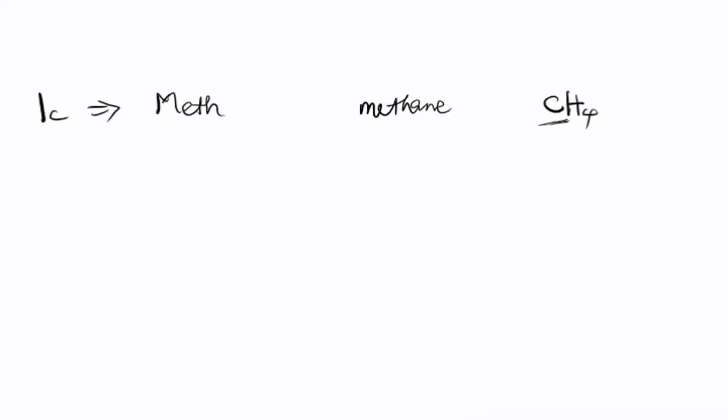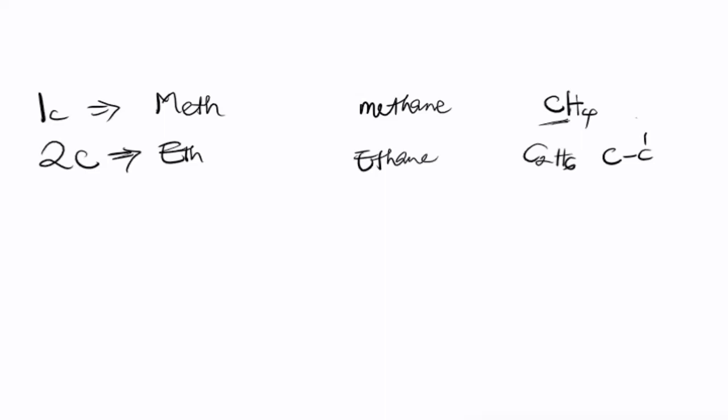When we have two carbons, it is named with the prefix eth. So an example is ethane, which is C2H6, which can be written also as CH3CH3.